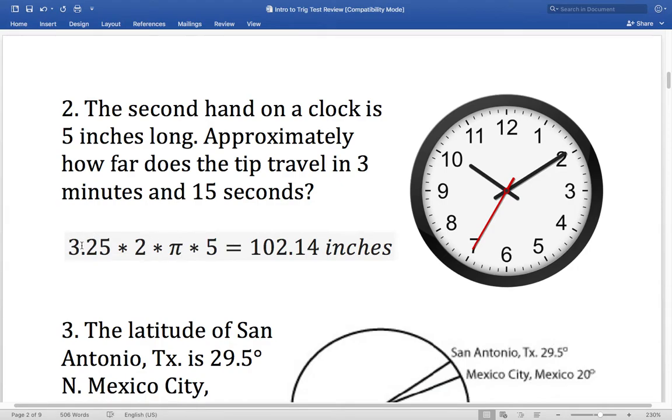So we're multiplying the 3.25 by 2 pi to get our angle in radians. And then we're also multiplying by the radius, which is 5 inches, and that tells us how far this tip has traveled, and that's in inches.